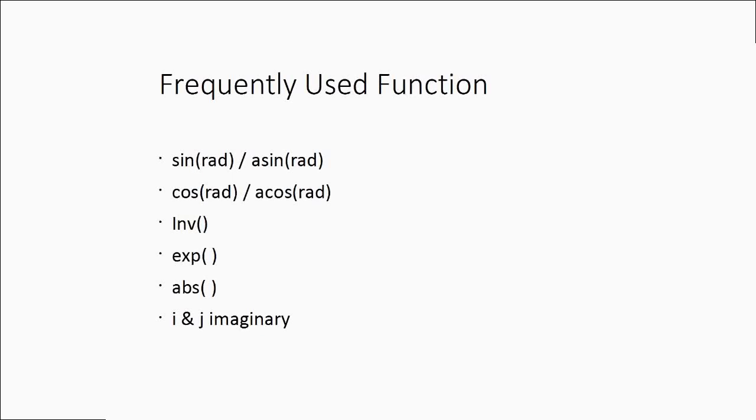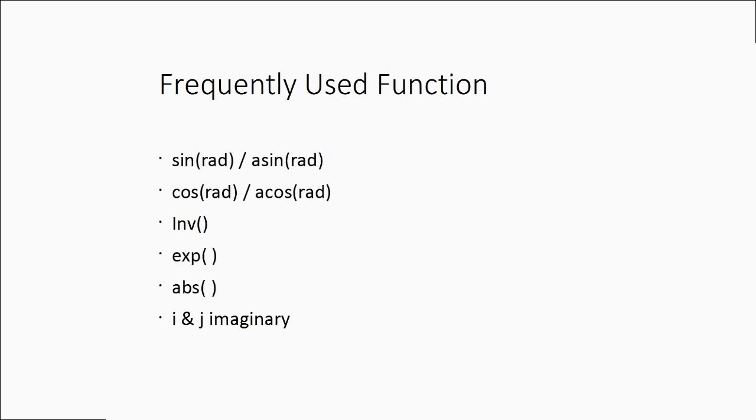So let's see how to define sine, inverse of sine, cos, cos inverse. The one thing you have to remember is you have to enter the angle in radians. That is very important. You have to enter only in radians. Sine function: sine of the angle in radians. Similarly, for sine inverse it is asin, cos, acos.